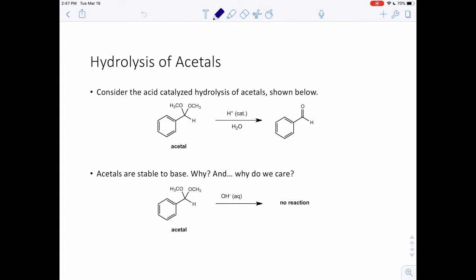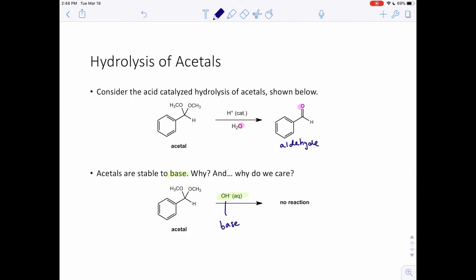So we've just seen that if we take an acetal and treat it with acid in the presence of water, we can regenerate the aldehyde. But acetals are stable to base. So why is that? Well, what do bases do? Or what does hydroxide do?